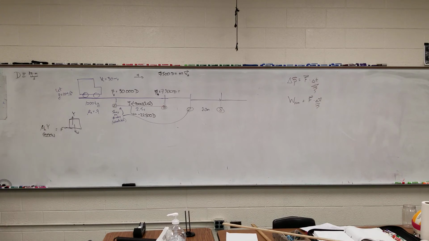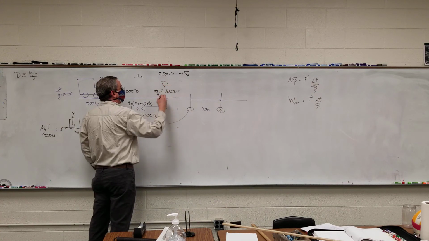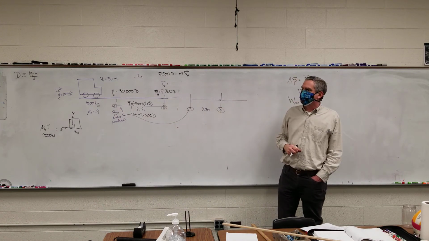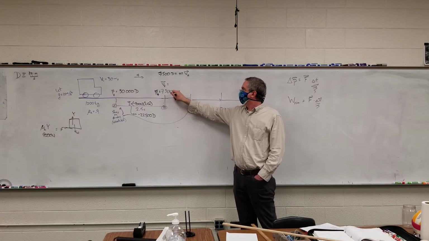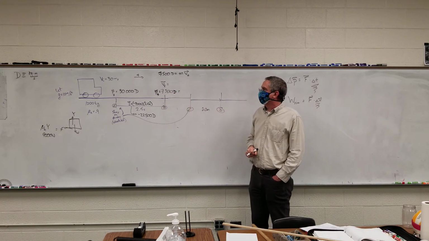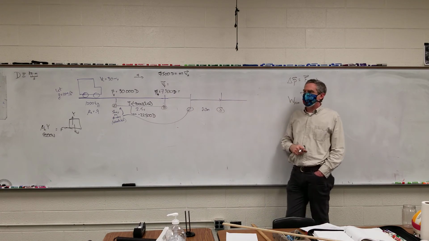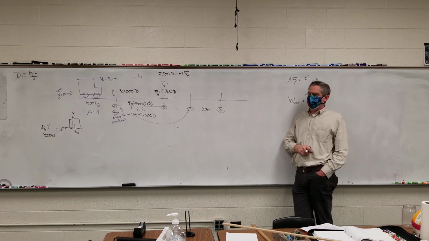And what's the mass of the vehicle? 1,000 kilograms. And so therefore, the velocity at this point is... Is that a D or an O at the end? That's a D. Okay. I got 7.5.